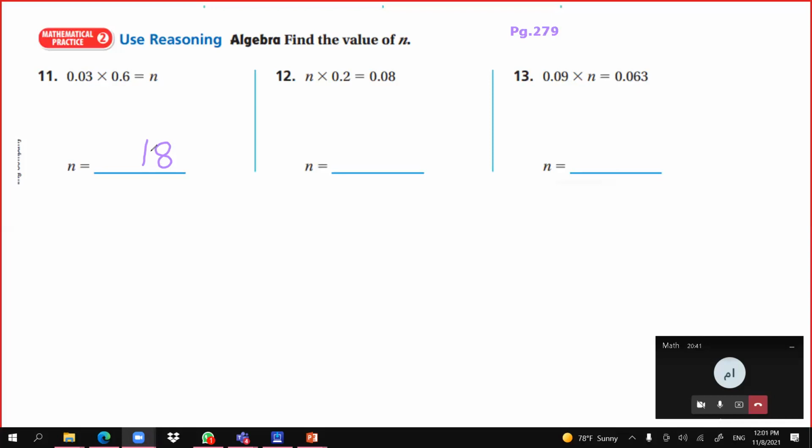After how many digits? No, look here. We have 1, 2, and 3. So we have 3 digits. Here will be the decimal point. Now what do you have to add in the empty space? Zero. Yes, thank you, Lana.